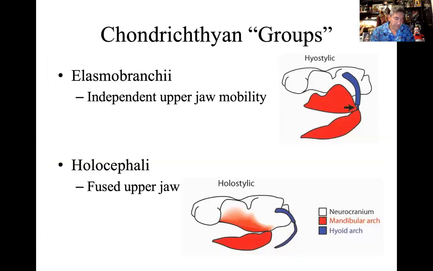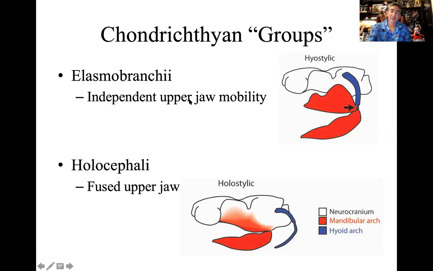So there's a lot of taxonomy as well with this group. And I'm going to try to tiptoe around all of the names. Some of them I'm going to have to address. Some of them I can skip around. But I'm not going to use the term class or order. Right now I'm just going to say groups. So the Chondrichthyan groups.